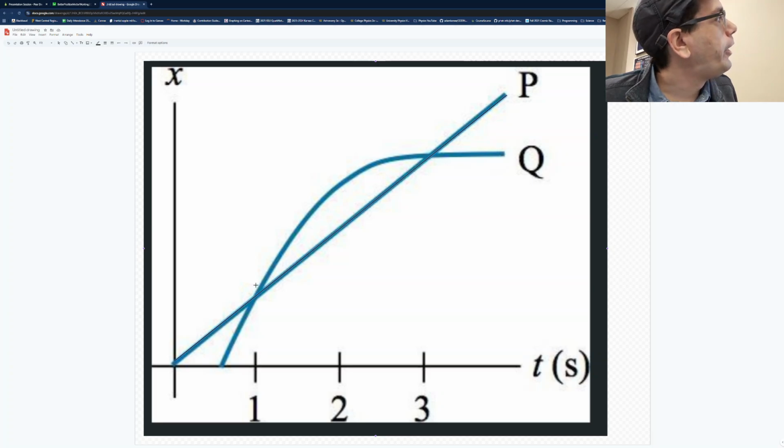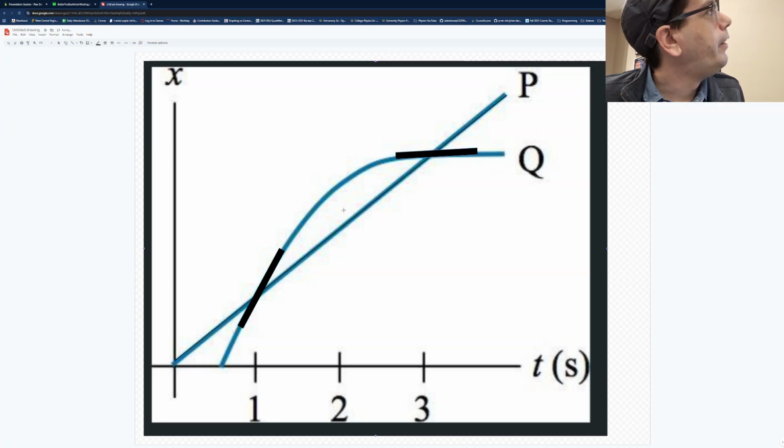So for Q, at 1 second, the tangent line would look something like this. Let me make that bigger, maybe even bigger. Okay, that's maybe too big now. At 3 seconds, it would look something like that. And then at 2 seconds, it would look something like that.